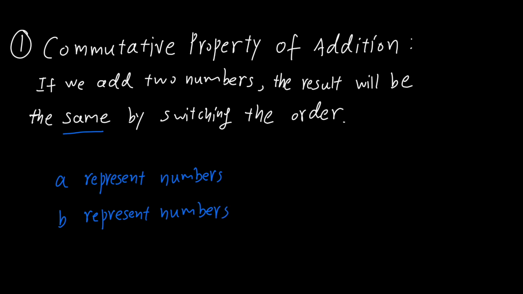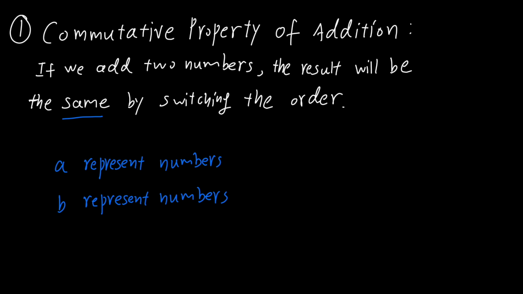We call these variables, which we just learned from previous videos. I want to describe this first property by using the variables. It will be A plus B equals B plus A. So it doesn't matter if we switch the order or not, the answer will still be the same.